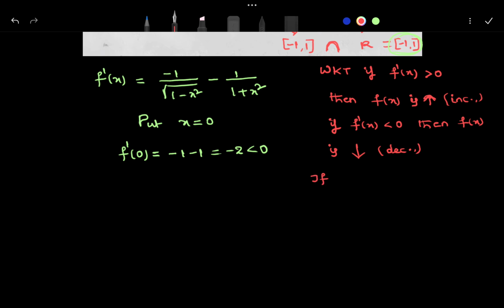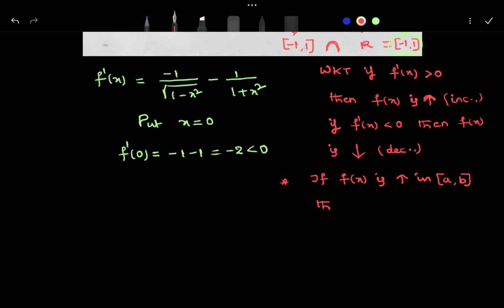If f of x is increasing in the closed interval a comma b, then what is the range of this function?